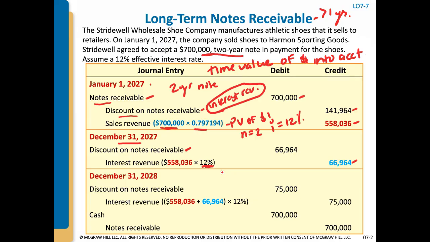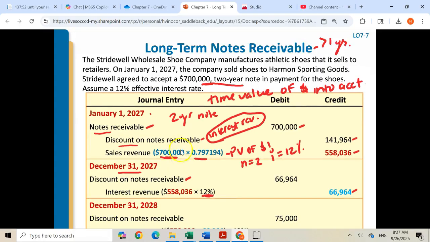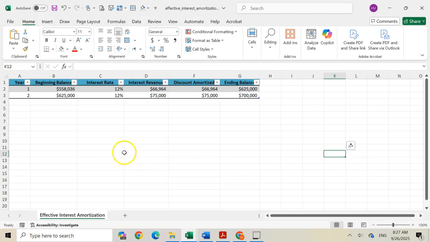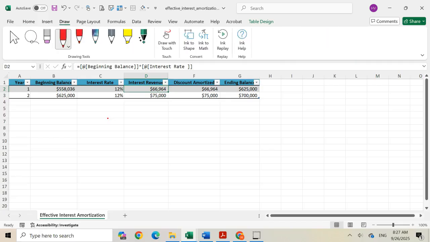But I want to go to a table which I think better explains how the interest component is calculated. So we're going to start with our beginning balance, which was the $700,000 present valued by 2 years at 12%. You can take your interest rate of 12%, and then your interest revenue is really just your beginning net book carrying value of your receivable, which is going to be the $558,000.